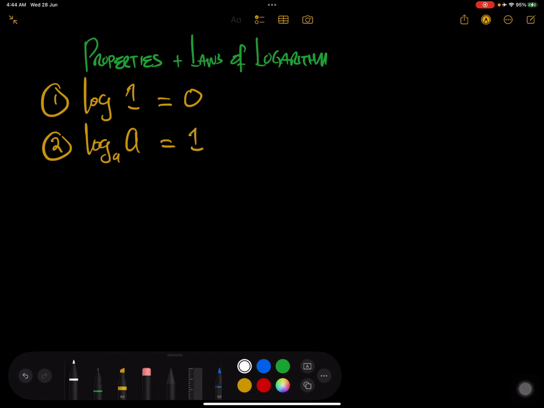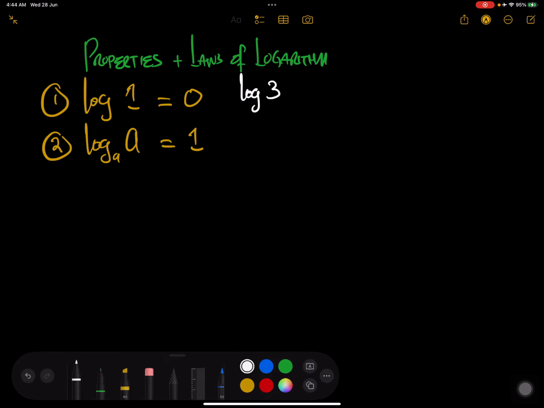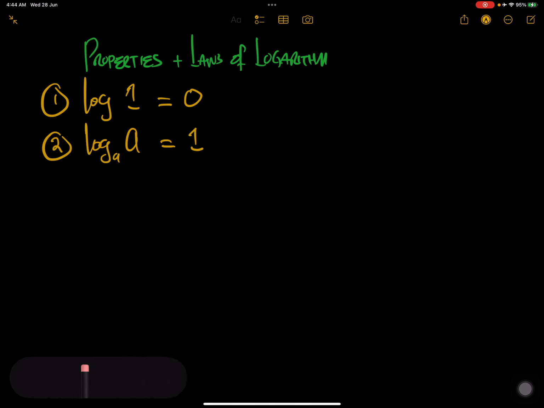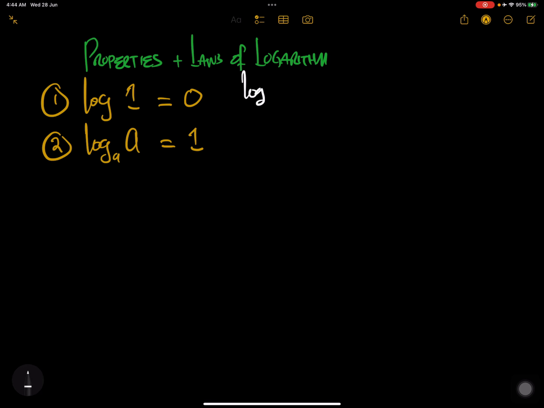So for example, if you have log 1, whether the base is 100 or not, it is 0. Whether the base is 1 million, once it's log 1 to the base anything, it is 0.